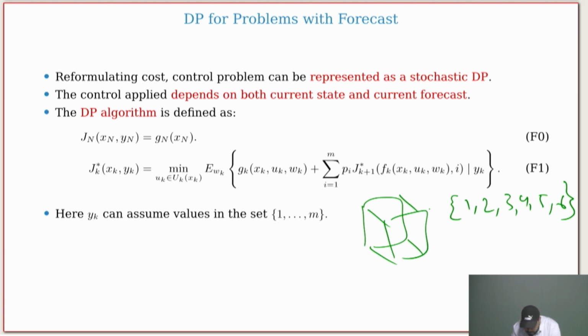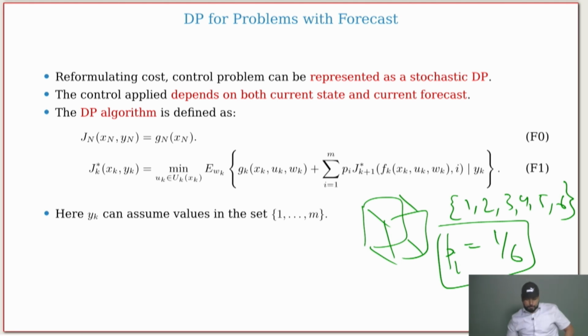If we follow a uniform distribution, then the probability pi will be 1 over 6. But as I said, it may be a biased one. If we take a regular die, then each of 1 up to 6 is equally likely, whereas it may not be the case here. It depends on the distribution at hand.